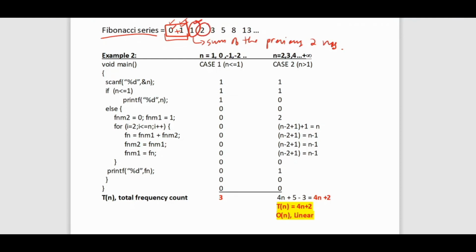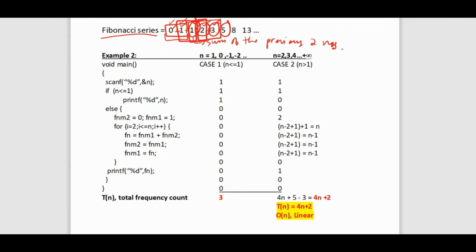The next number is 2 because the sum of the previous two is 1 plus 1. It gives you 2. The next number in the series is 3 because the previous two numbers are 1 and 2, and getting the sum of that, 1 plus 2, is equal to 3. The next number is 5 because the previous two numbers are 2 and 3.